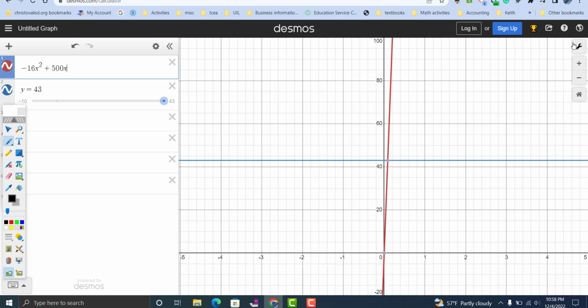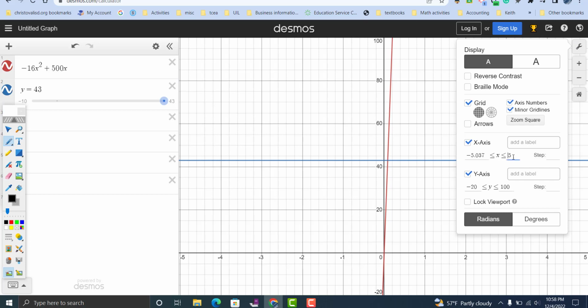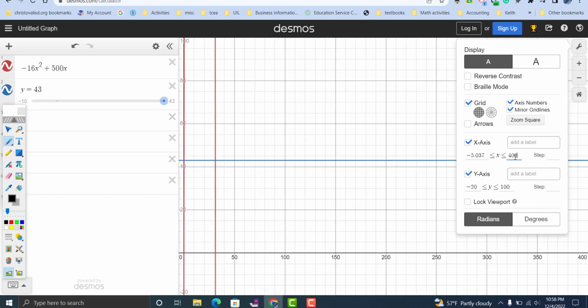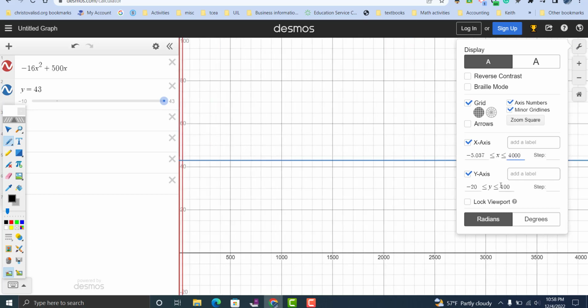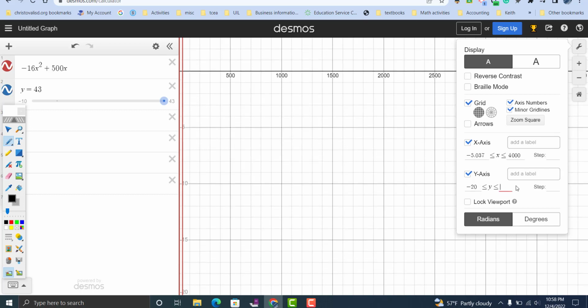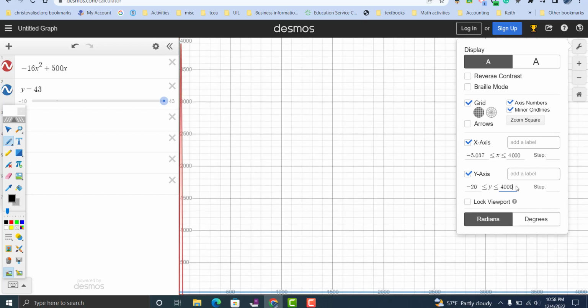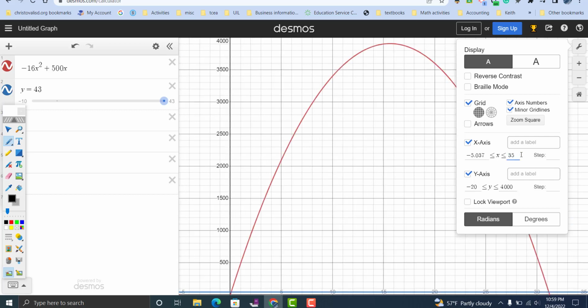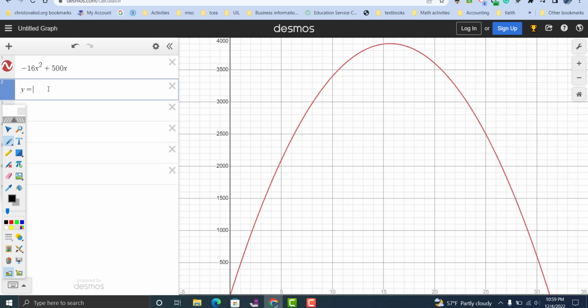And so I'm going to go back and zoom out my window to that 4,000 and my y-axis to 35 seconds. Actually, my y-axis to 4,000. I put on the wrong one. And my x-axis to 35. And so we're going to see when is it above that 2,000.